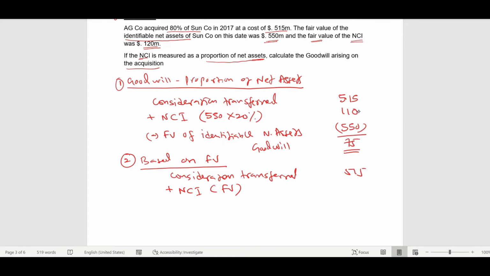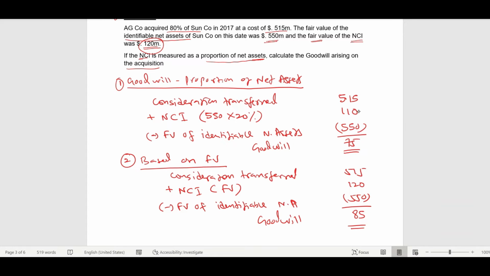How much is the fair value of NCI, non-controlling interest? 120 million. So instead of the net assets share, you can take the fair value. Then the fair value of identifiable net assets will be 550. So thereby you can say the goodwill is 85 million.